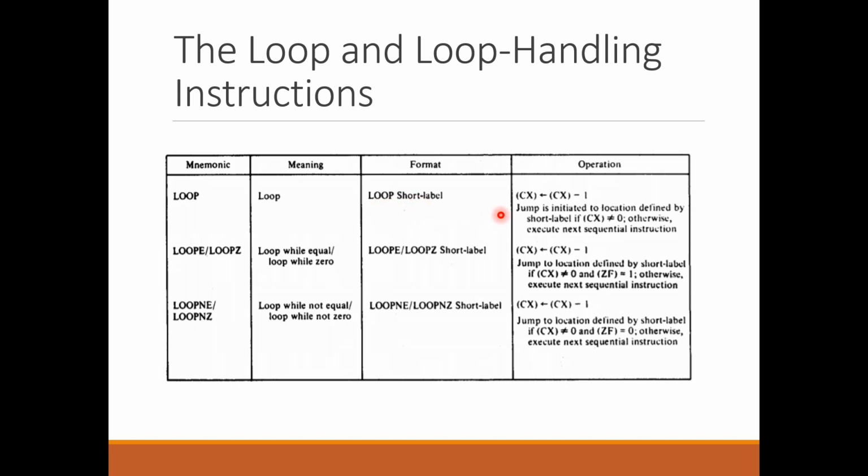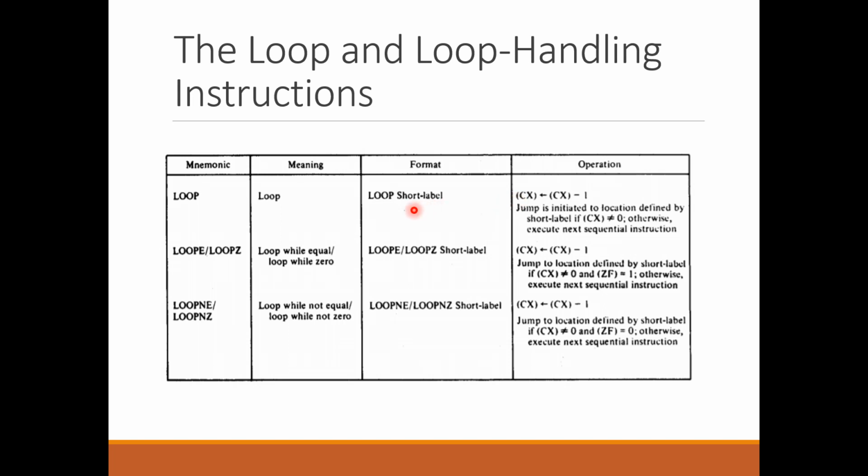Every time the loop occurs, the value inside the CX register is decremented by 1, and the loop jumps to this label whenever the value of CX is not 0. So if you want this loop to repeat 10 times, you need to assign CX the value 10.